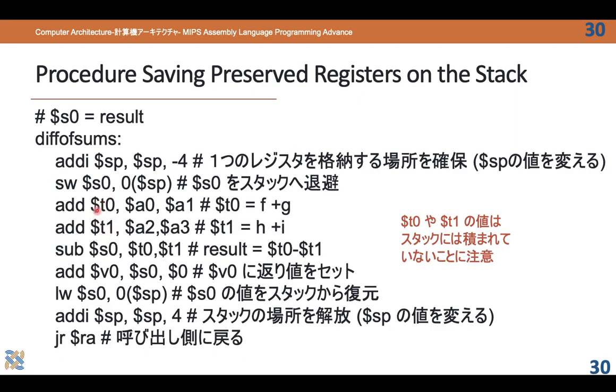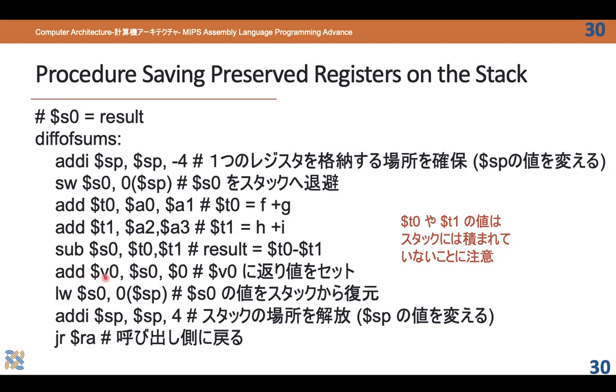I can easily use them and change the values. As long as I use the saved register, I must keep it. So T0 and T1 we don't need to store on the stack, and we do the same thing here. T0 is add, and then subtract.